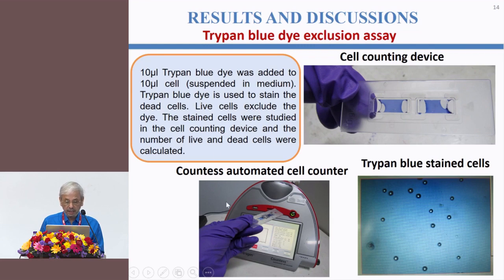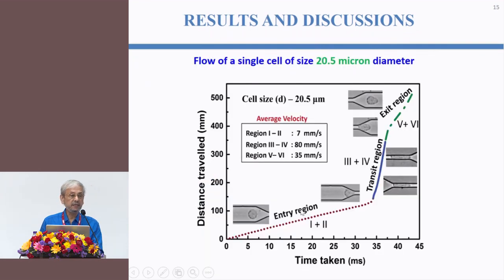And then the dead cells are counted, and obviously you get the statistics, how many cells are dead and how many cells are alive. And as you can see, this is the entry region. It's a sort of convergent divergent channel, and at the middle you will see acceleration, and again at the exit, which is like a diffuser, here again you will see the deceleration.